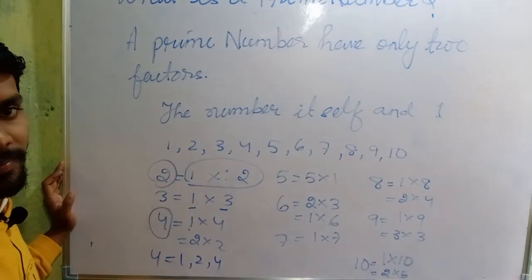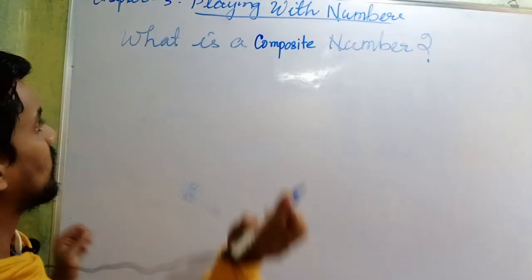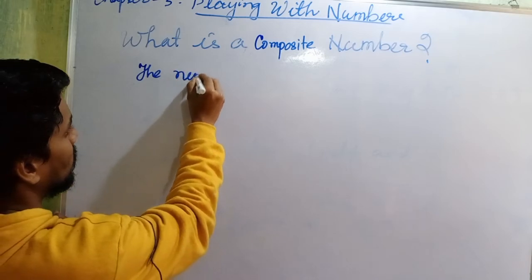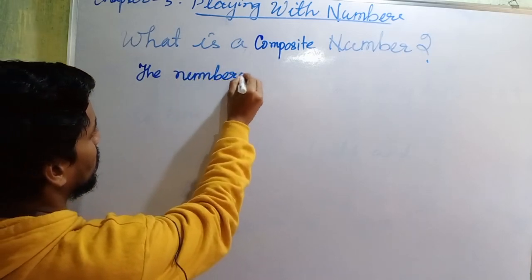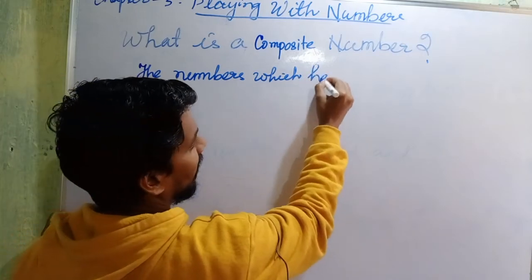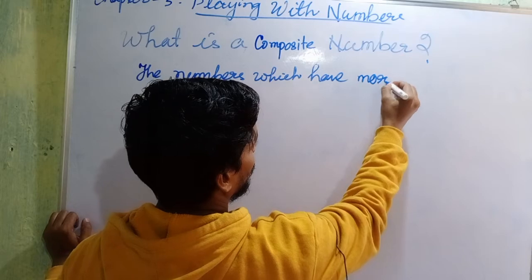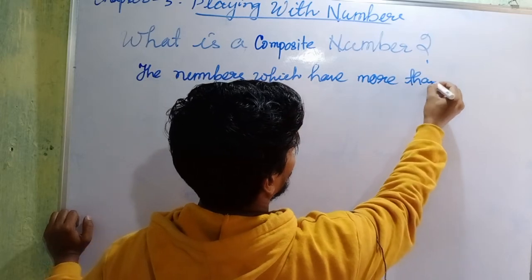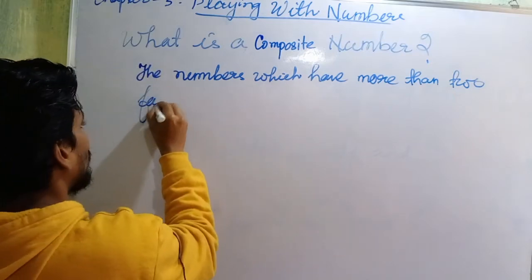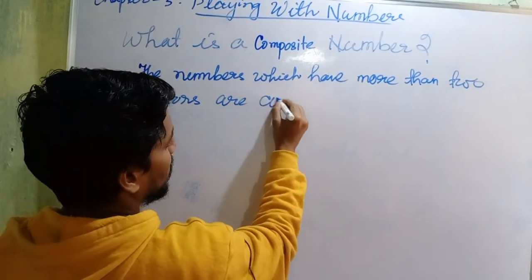Understood? Now what is a composite number? The numbers which have more than 2 factors are composite numbers.